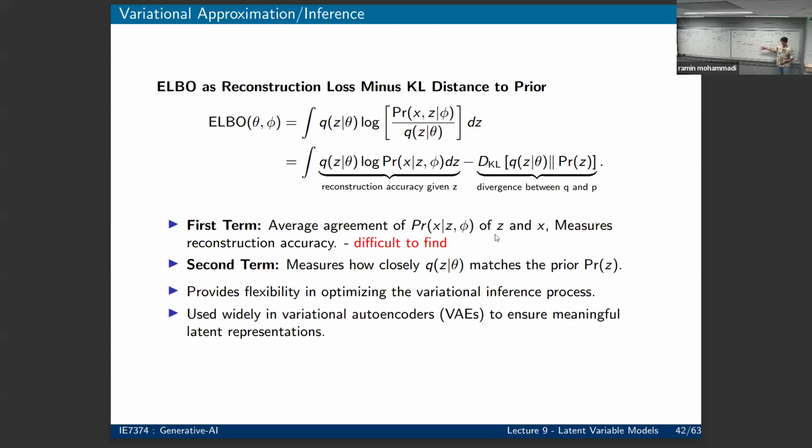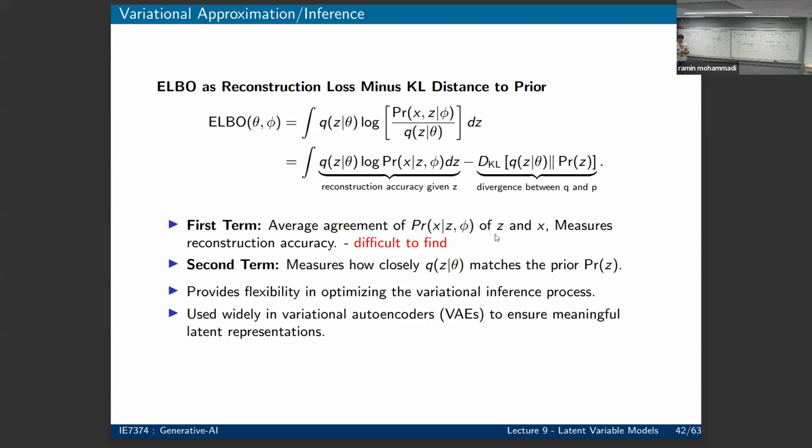Why reconstruction accuracy? You have a missing image, missing pixels, for example. And you keep sampling from Z, which comes from a distribution. Using that Z, I complete the image, with different samples of Z. Your overall goal is that, based on the samples that you receive from Z, this reconstructed version of the image has a high probability.